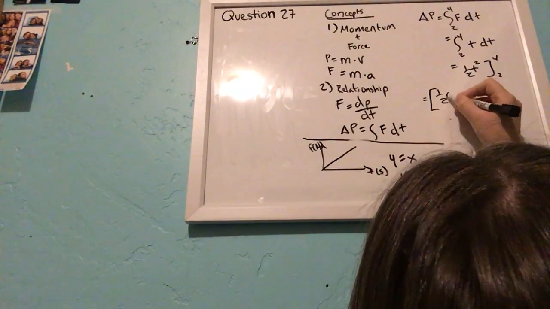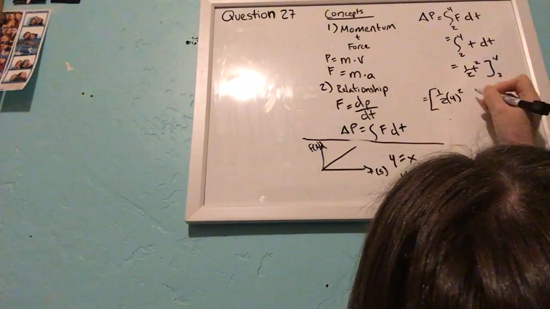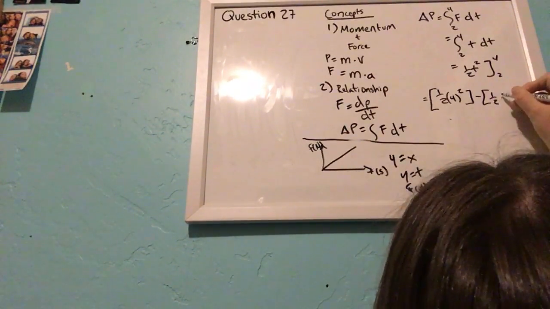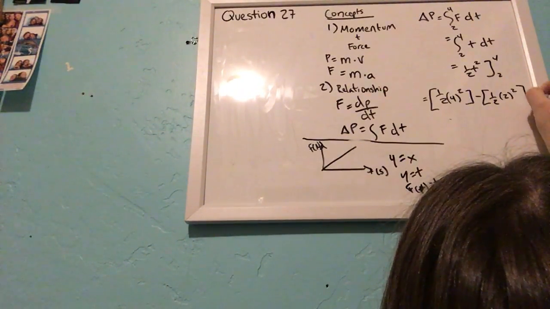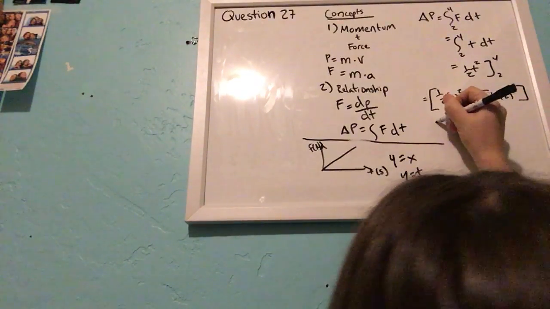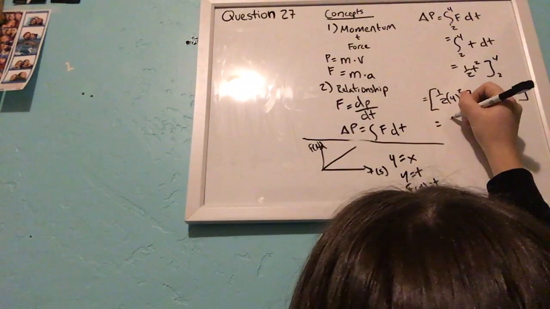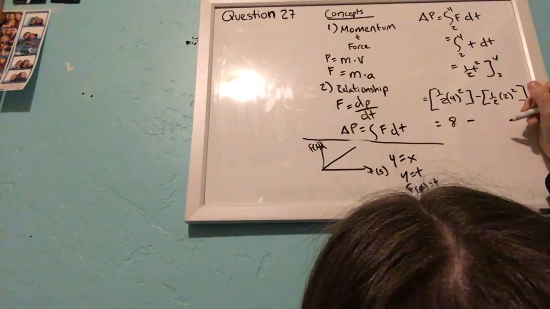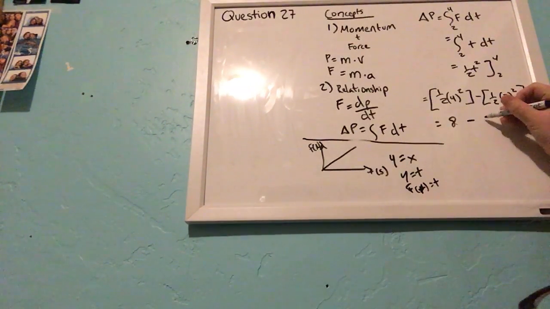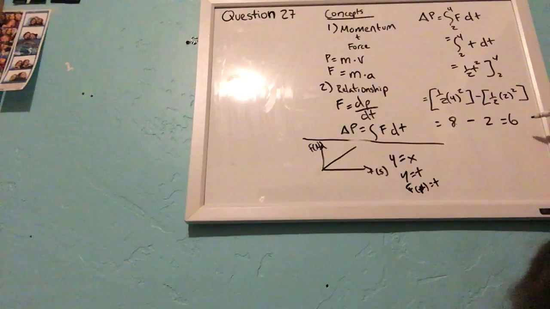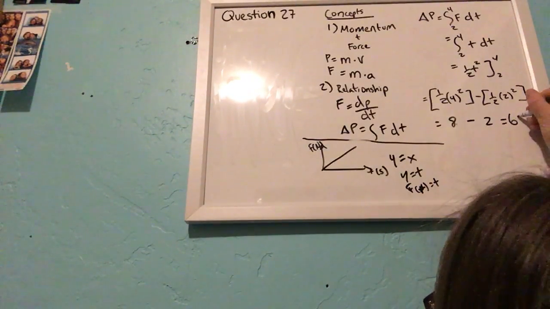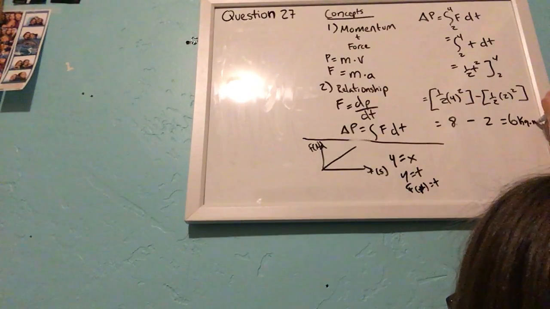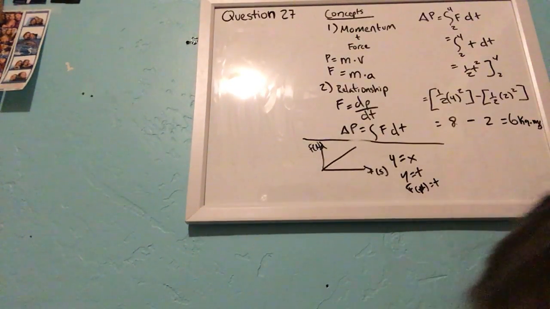1/2 times 4 squared minus 1/2 times 2 squared, and that is going to give us 16 over 2 is 8, minus 4 divided by 2 is just 2, and so we get 6, and it's going to be kilograms per meter second.